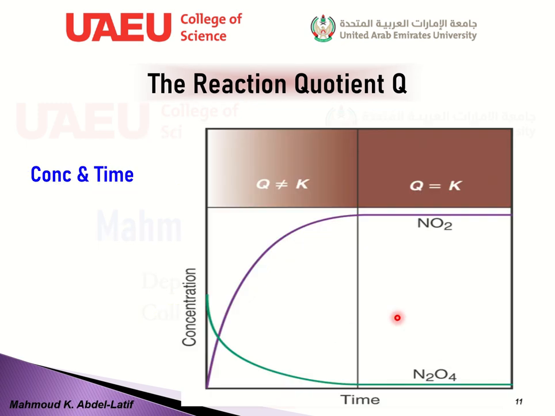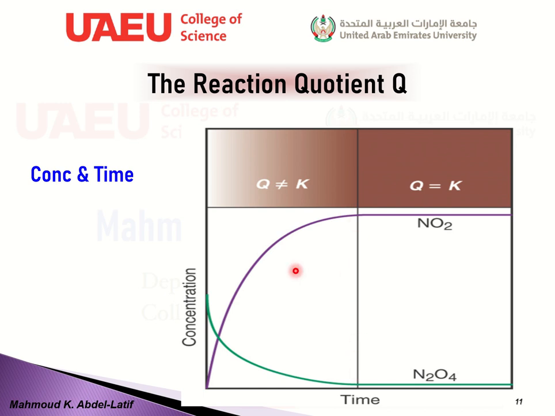Let us discuss this diagram, which shows concentration against time. In the beginning of the reaction, the concentration of the product is 0 and the concentration of the reactant is 100%. With time, the concentration of the product increases and the concentration of the reactant decreases till you reach equilibrium at that line.